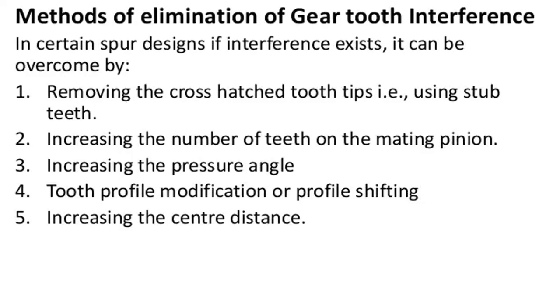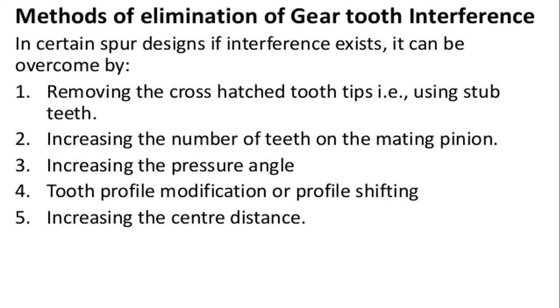Second, increasing the number of teeth on the mating pinion, which avoids the gear tooth interference. Third, increasing the pressure angle. Whenever we increase the pressure angles in the gear teeth and pinions, you eliminate the gear tooth interference.